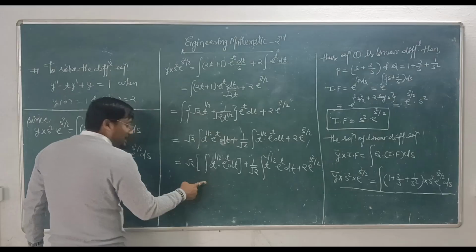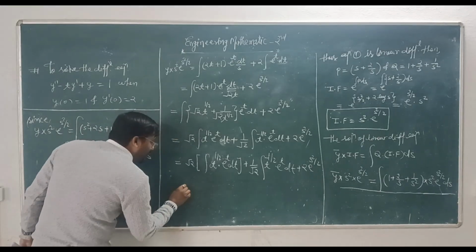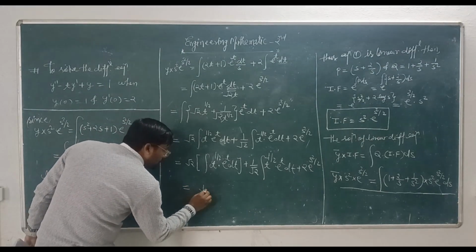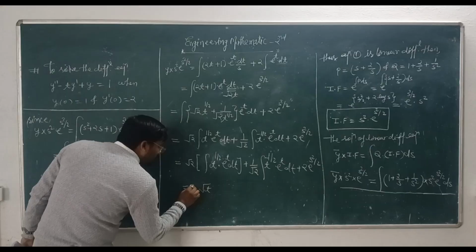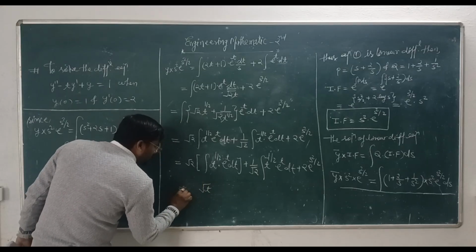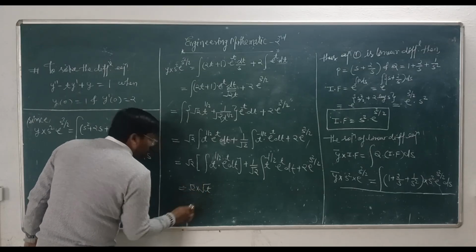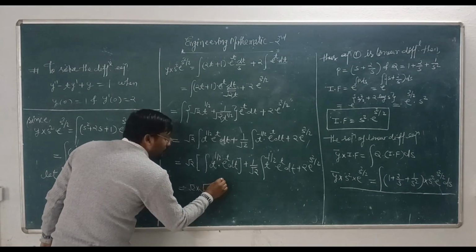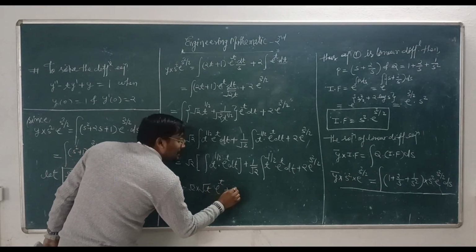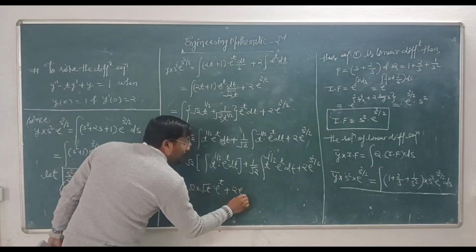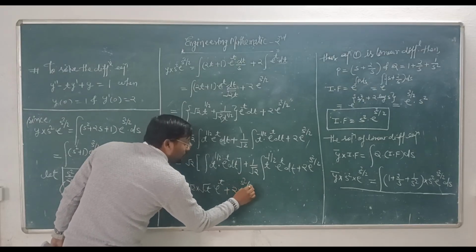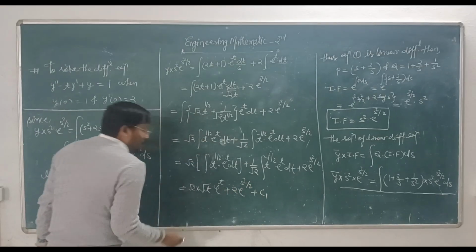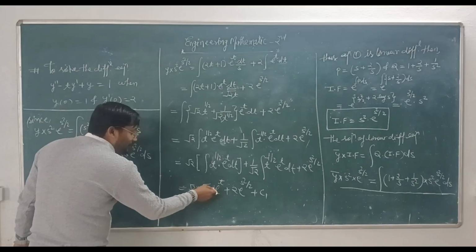Now you can solve this integral. You can find root 2 into root t e to the power t plus 2 e to the power s square by 2 plus c1. Now you can put the value of this t.